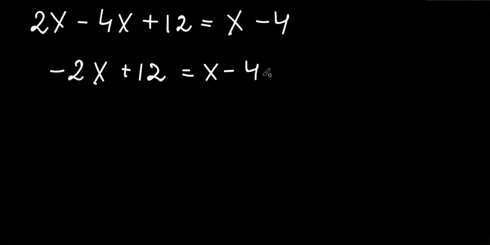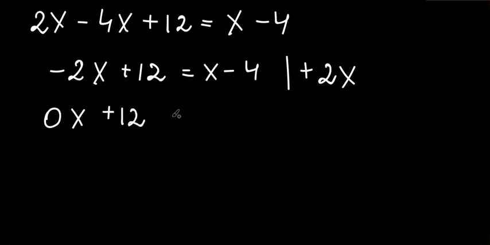Okay, let's do it as I did in previous examples. So let's add 2x to both sides, and we will get 0x, because it's 2x minus 2x, plus 12, and it is equal to 3x, because x plus 2x is 3x, minus 4. And now we can add 4 to both sides.